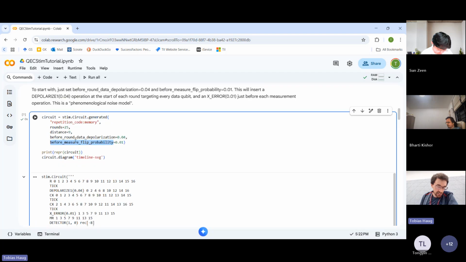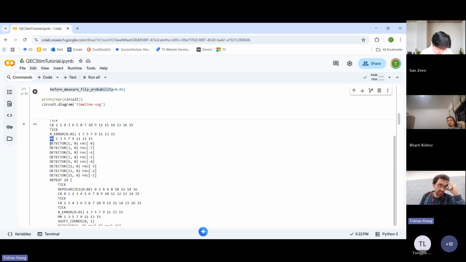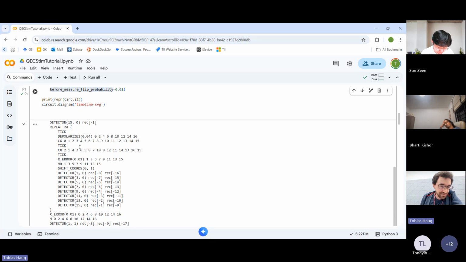Basically, the stim circuit is just a set of operations, because in the end, what the conversion does is a set of operations where you measure your stabilizers. The stim circuit is written out in terms of gates, and there are some error products, so some errors are happening, and there's CX, which is a CNOT gate, and so forth. There are also measurements and detectors, which just evaluate the measurements.